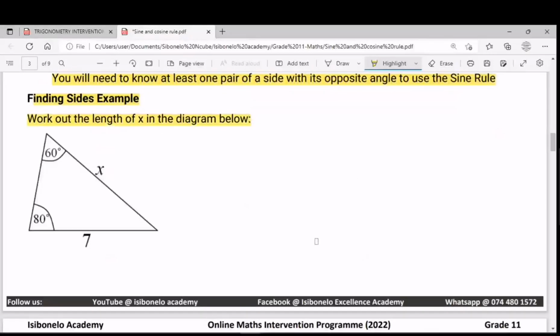So in this diagram they want us to find the length of x. You remember the principle: to use the sine rule, we must have at least an angle with its opposite side that we know. Here the opposite side is 7. So since we have the known angle and the known opposite side, we can solve for that x, that length of the side, using the sine rule. Why? Because we have the angle and its opposite side. Do you follow?